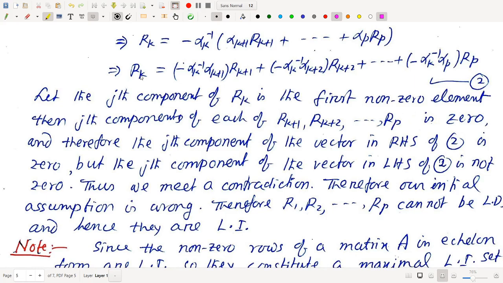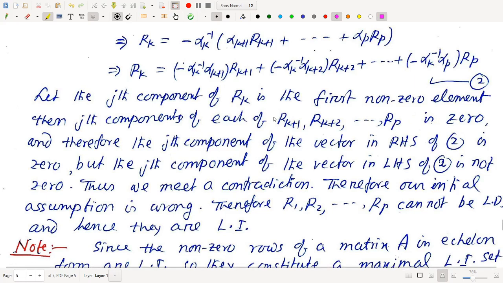Rk is a non-zero row of a matrix in echelon form, so it will have a non-zero element. Suppose the jth component of the kth row is the first non-zero entry, then the jth component of each of the succeeding rows rk plus 1, rk plus 2 dot rp is 0. Why?